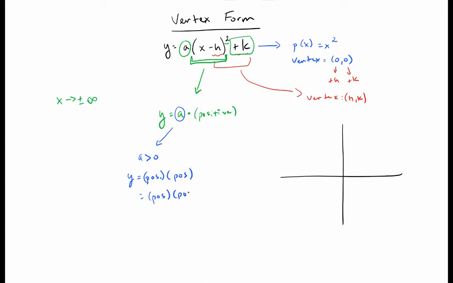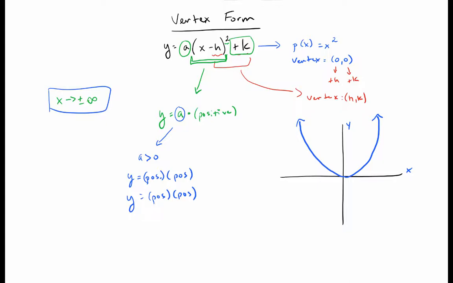Now, let's think about that in terms of direction. Again, we have our y-axis and our x-axis here. What that's saying is that y is going to become more and more positive as x goes towards its ends, as it approaches either positive or negative infinity.